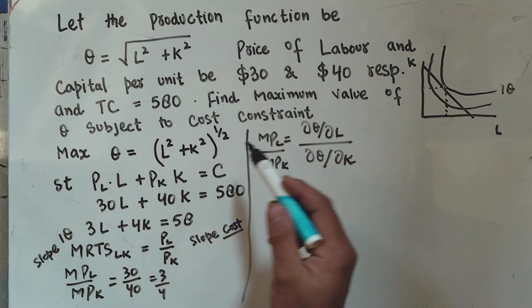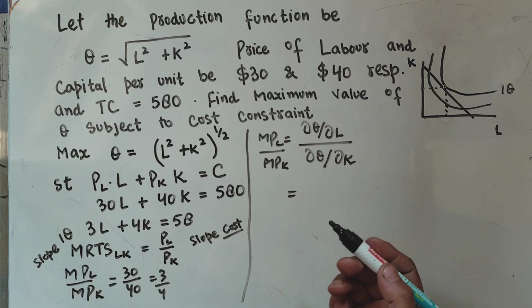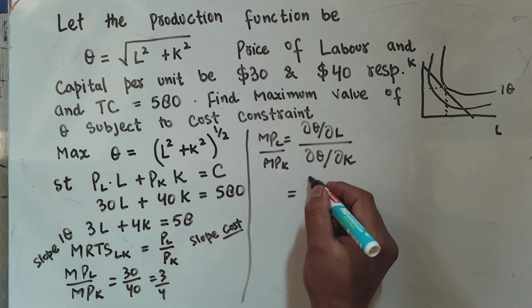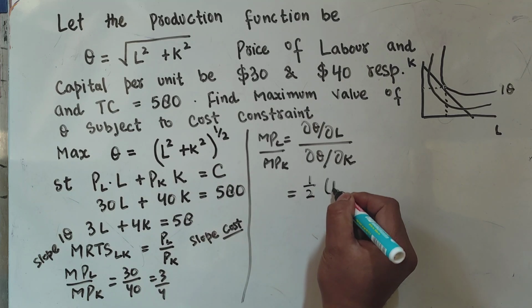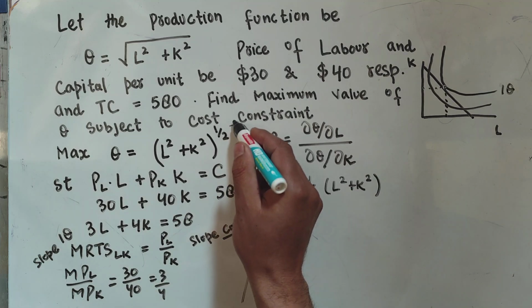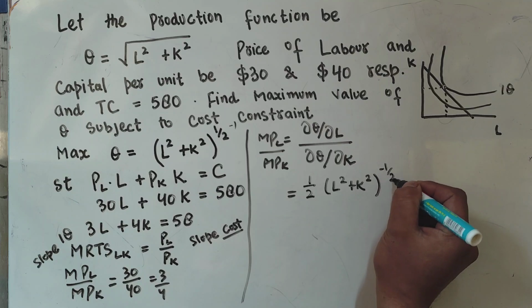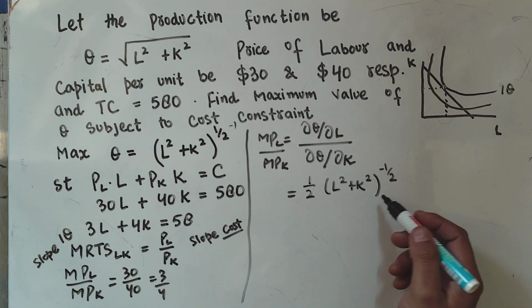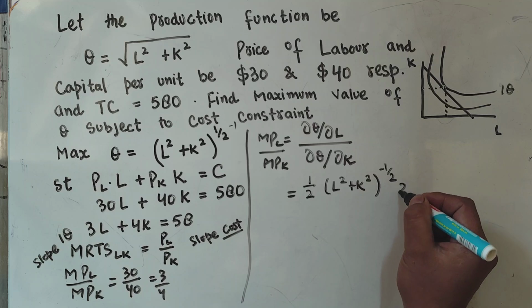Now let's take the partial with respect to L first. Using the power function rule, the exponent becomes the coefficient first, so we have 1 upon 2, then we have L square plus K square, and the exponent is reduced by 1, so we get negative 1 upon 2, times, applying the chain rule, the derivative of L square, which is 2L.